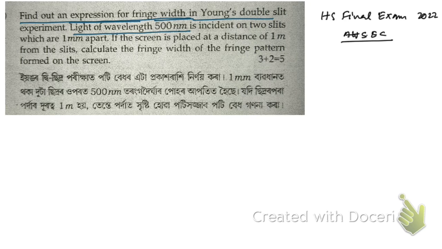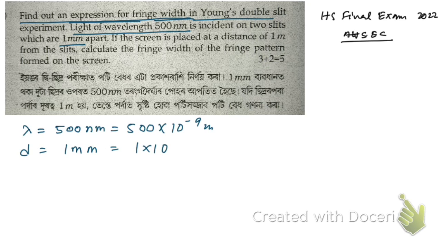Wavelength is given here, lambda is equal to 500 nanometer. So in meter it's going to be 500 into 10 to the power minus 9 meter. Then the two slits are 1 millimeter apart, that means small d is equal to 1 mm, that means 1 into 10 to the power minus 3 meter. Then placed at a distance of 1 meter, so capital D is 1 meter.